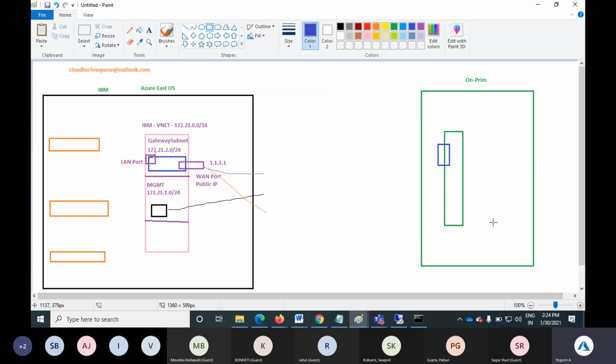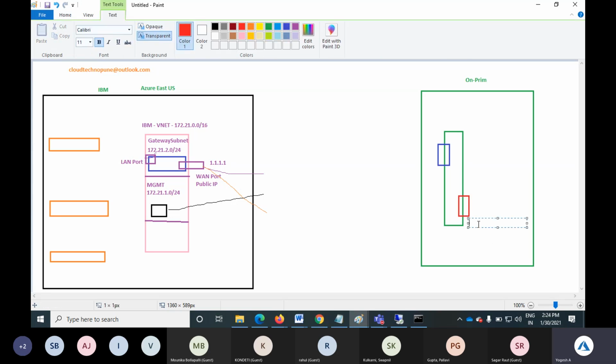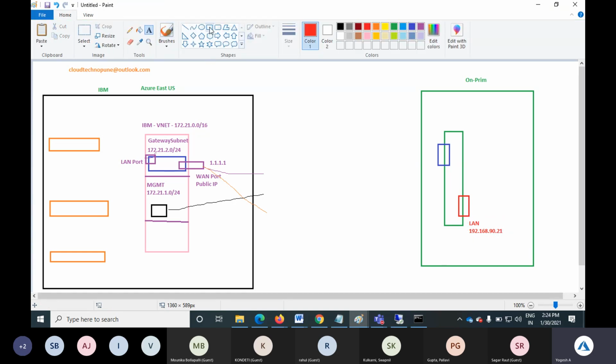This is a WAN interface. This is a LAN interface. This is my LAN 192.168.90.21, and which is getting connected to my core switch.